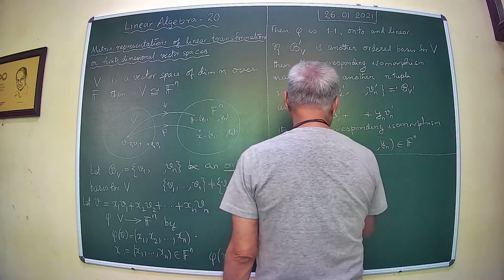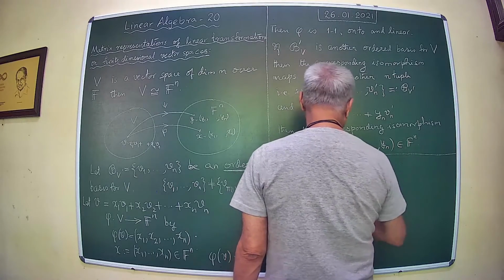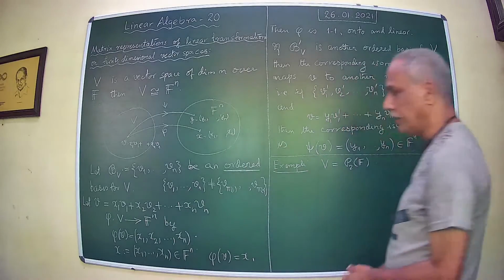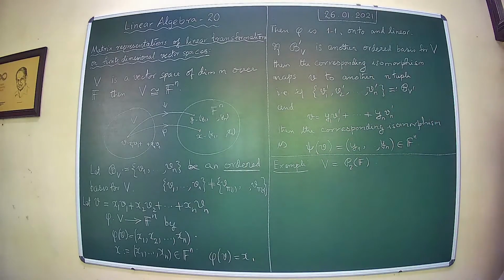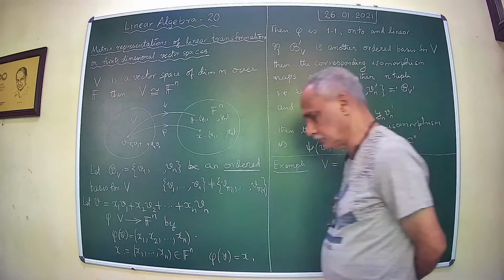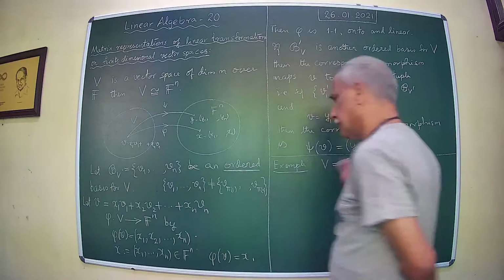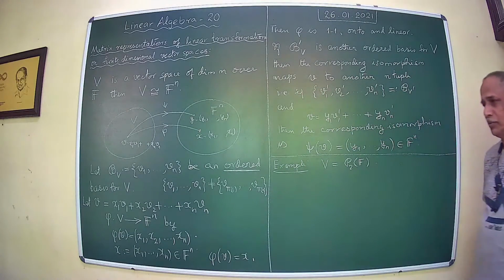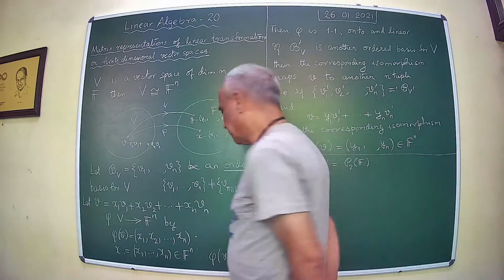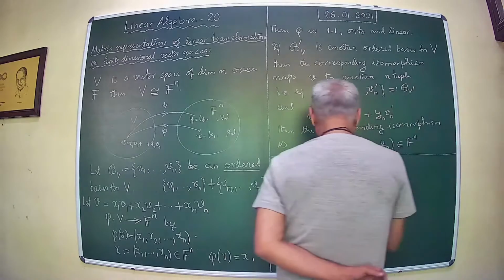Let us take V to be equal to all polynomials of degree less than or equal to 2 over F, including the zero polynomial. You know that with the usual addition of polynomials and scalar multiplication, it forms a vector space, and it is easily seen that a typical member of this is this.